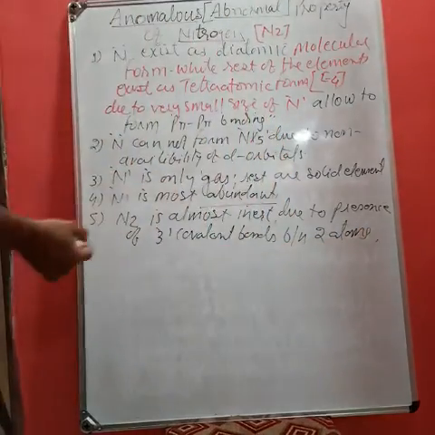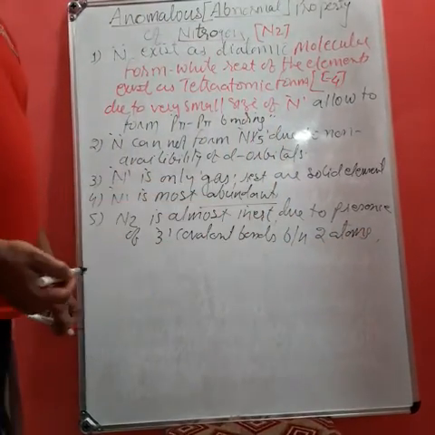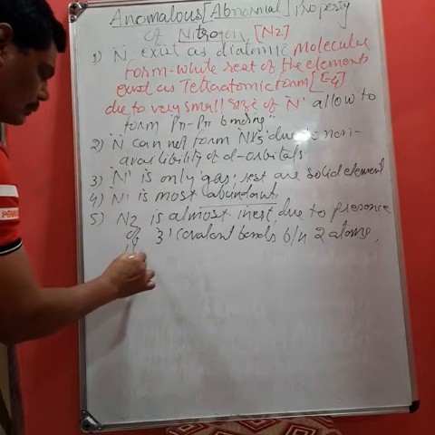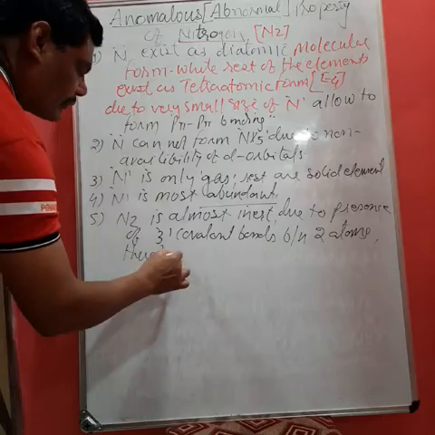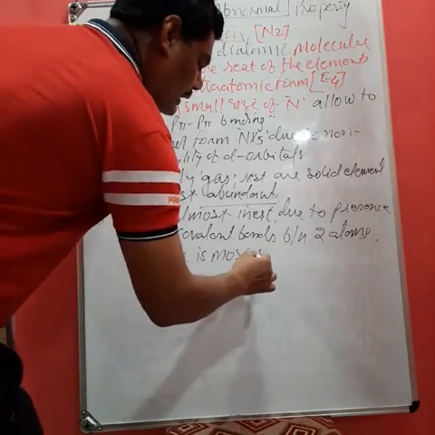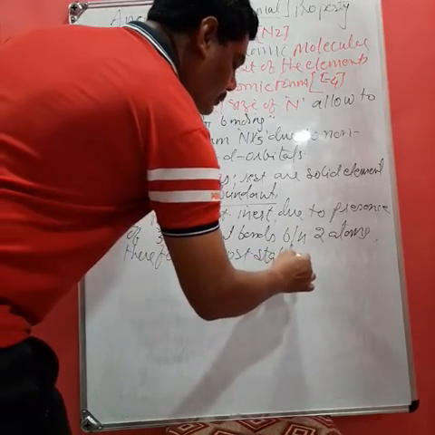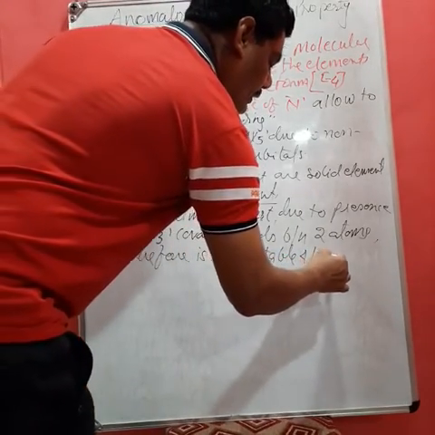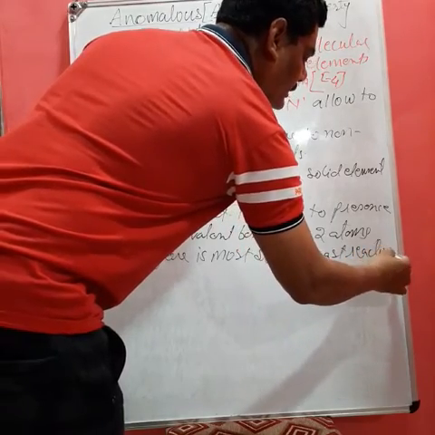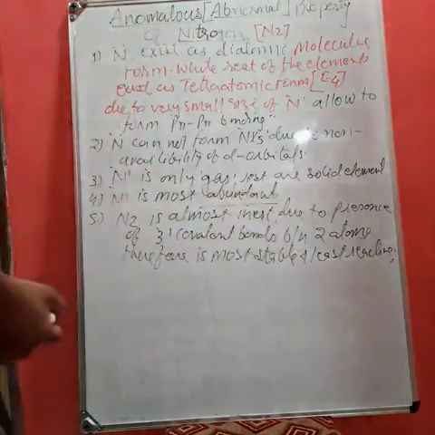Student, you know that the greater the bond order, the more is the stability. Therefore it is most stable and least reactive in nature. So in this way you can prepare your notes also.